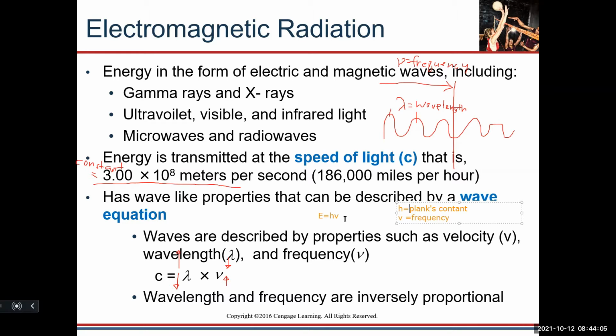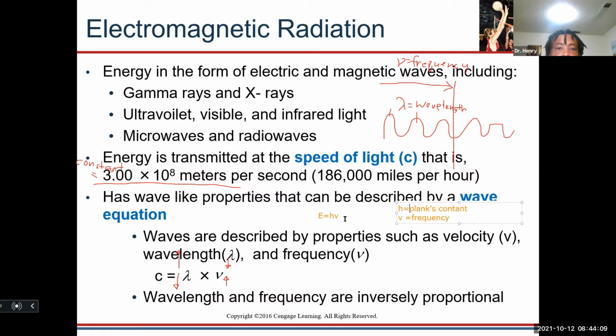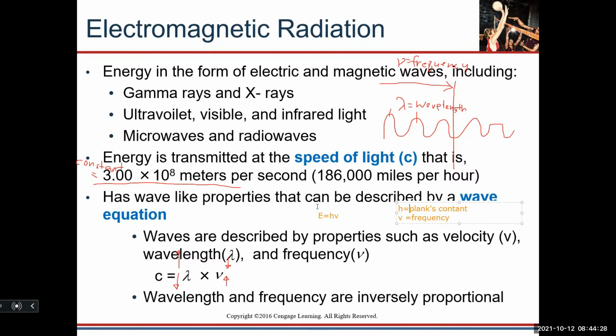It's going to go up. That's right. So they're directly proportional. As one goes up, the other goes up, whereas in the case of wavelength and frequency, it goes down. So in theory, we can use this equation to calculate our frequency, and then use the frequency to calculate the energy. Does that make sense? Yes, good.